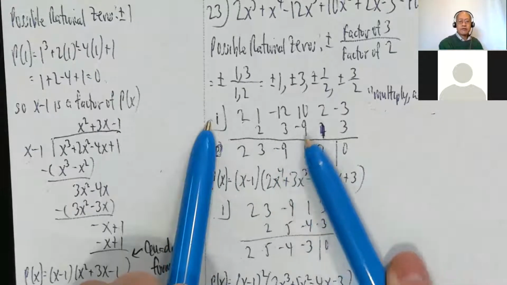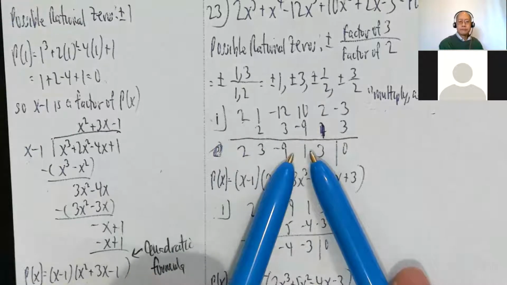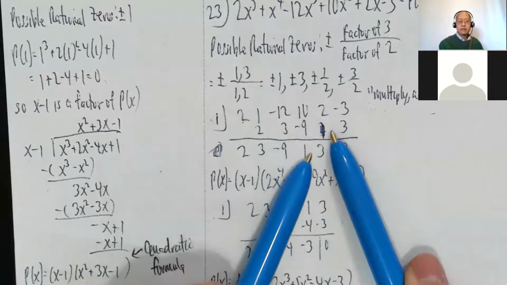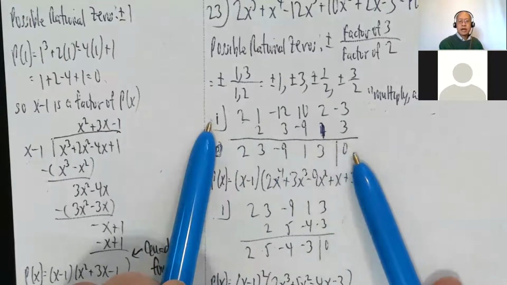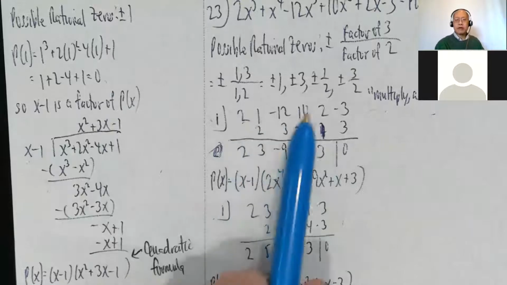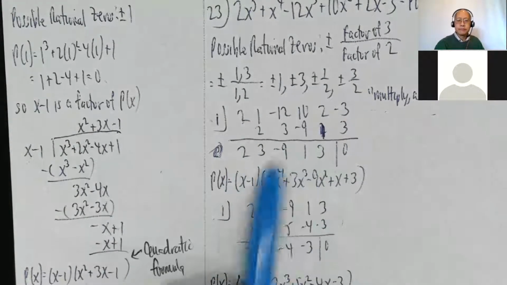Multiply, 1 times negative 9, negative 9, add, 1. Multiply, 1 times 1 is 1, add 2 plus 1 is 3. Multiply, 1 times 3 is 3, add 0. Draw the line here. So now the 5th degree gets pressed down to 4th degree.